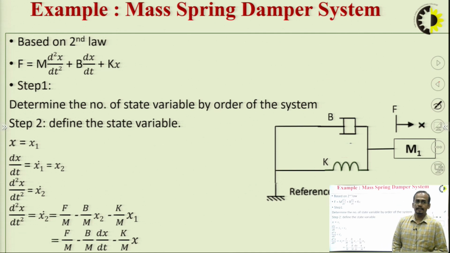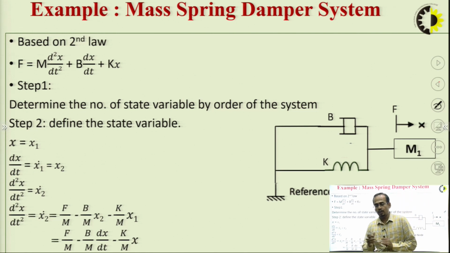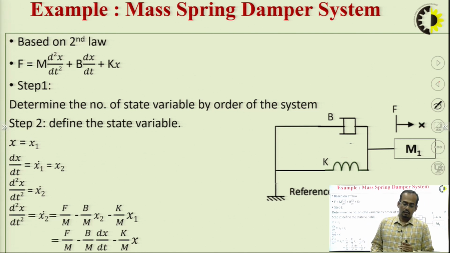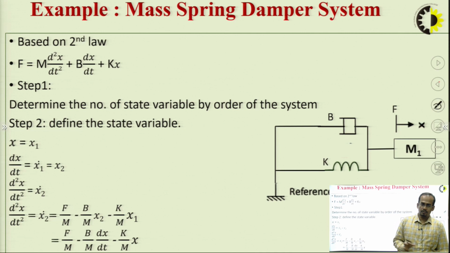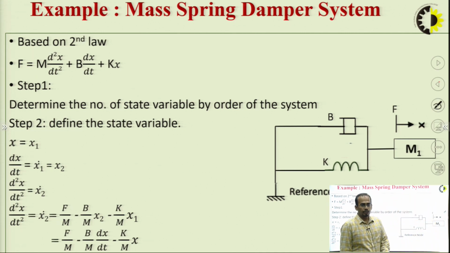Now let us take an example of a mass spring damper system, in which I would like to discuss how you make the state diagram from this mechanical system. Before solving this question, you should know how to get the differential equation from this given mechanical system.